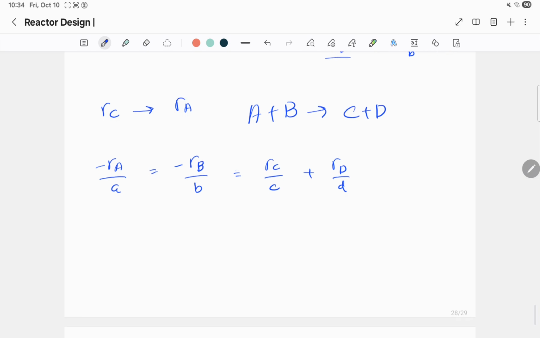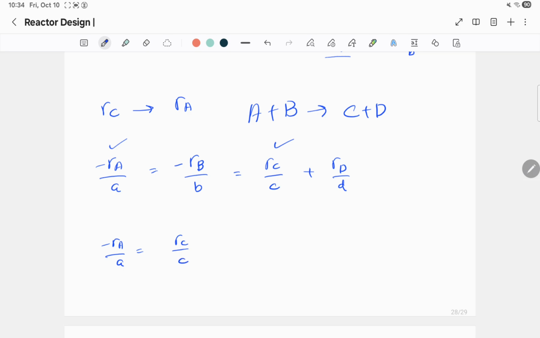So it's basically the same thing as we did in the ice tables above, taking the stoichiometric coefficients into consideration. So let's say I'm given the rate of reaction of C and I want to convert it to A. So I'll take these two out of the formula and equal them to each other.